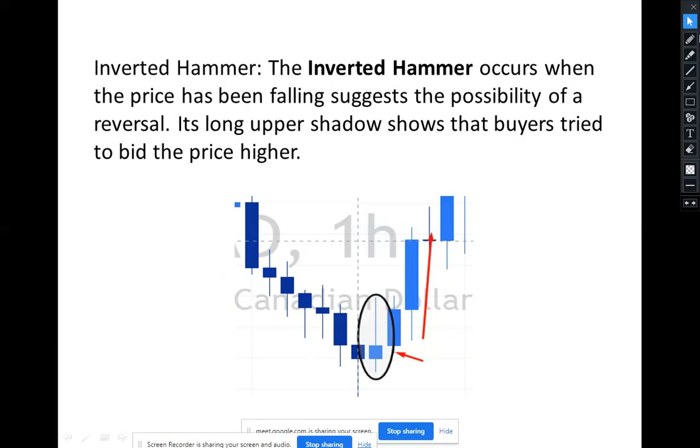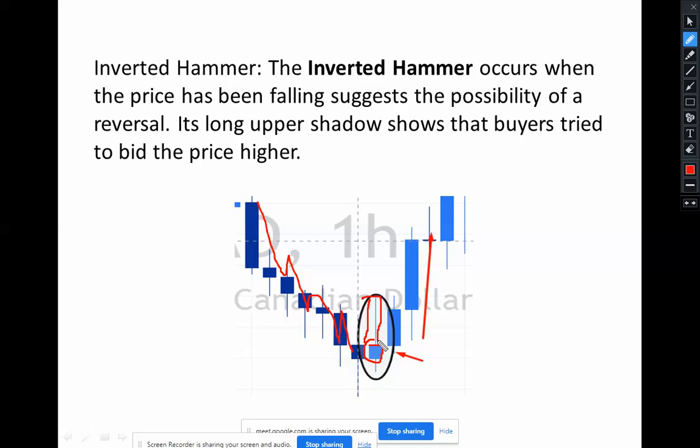Inverted hammer. An inverted hammer occurs when the price has been falling, and suggests the possibility of a reversal. The price has been falling, then immediately we find this inverted hammer. Its long upper shadow shows that buyers tried to bid the price higher, and what happened?